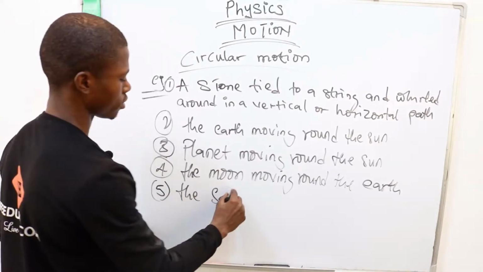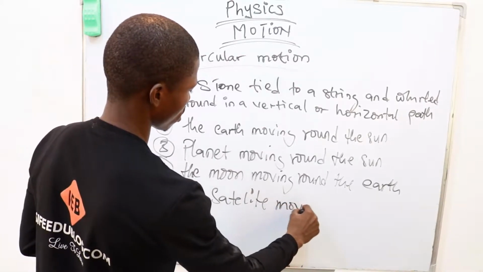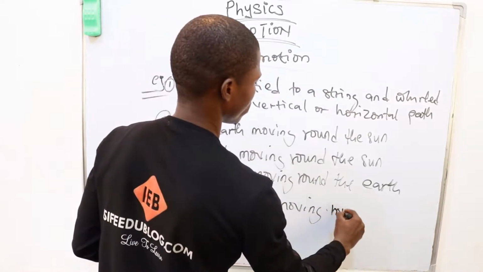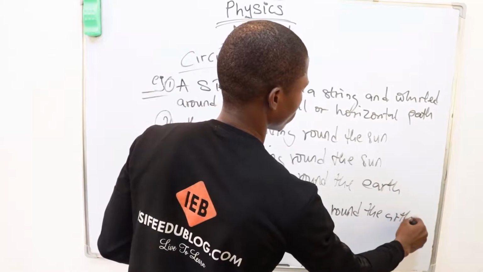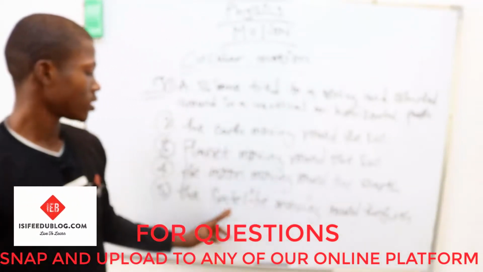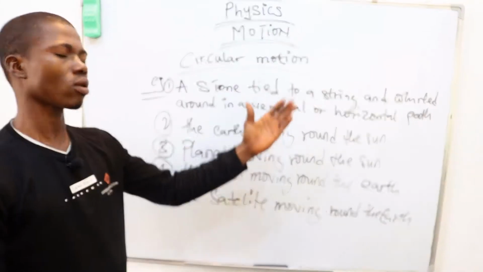The satellite moving around the earth. So now, all these are examples of circular motion.